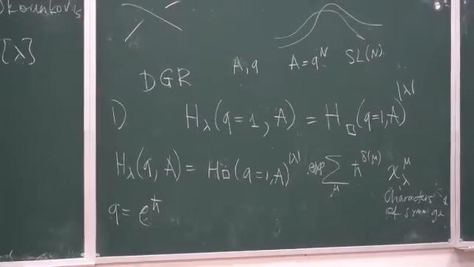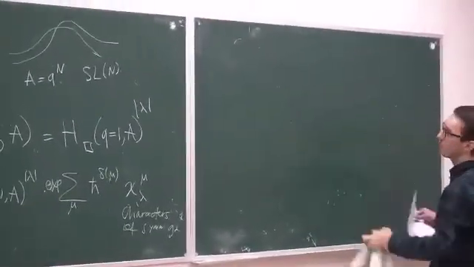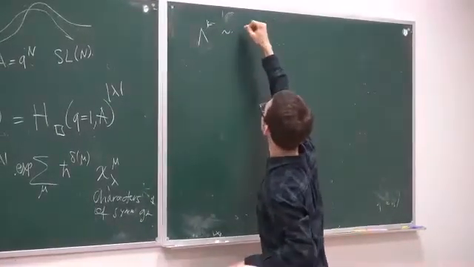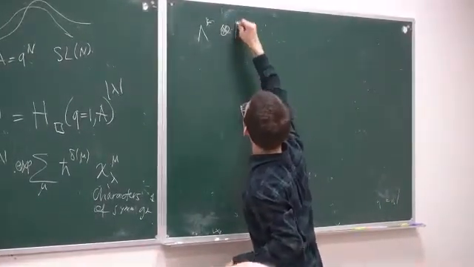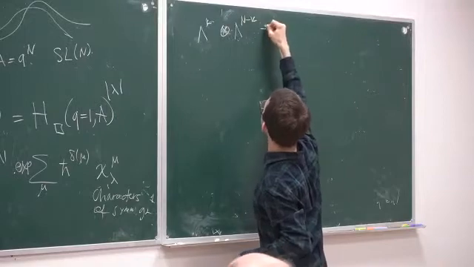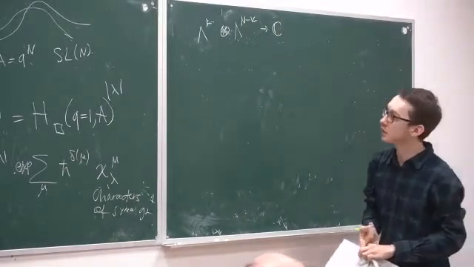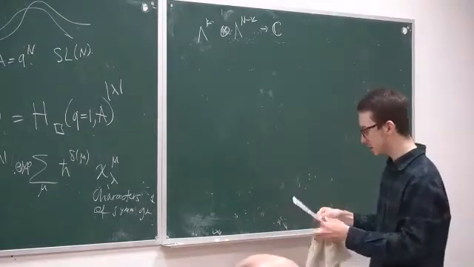The notion of dual is different because, for example, lambda k is dual to lambda n minus k. But if we don't introduce dual representations, then it's the same.